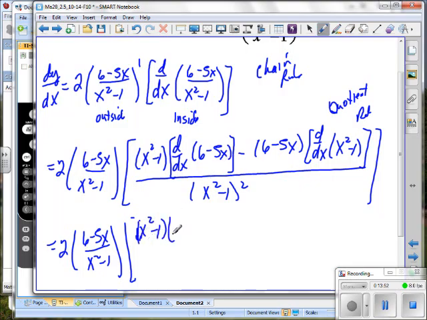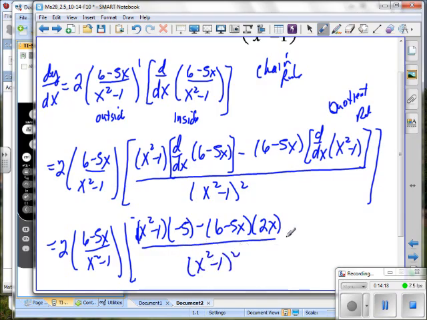Derivative of 6 minus 5x? Negative 5. Okay. Minus the 6 minus 5x. Derivative of x squared minus 1? 2x. All of it divided by x squared minus 1 quantity squared.